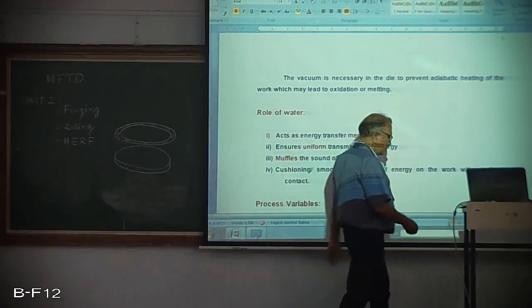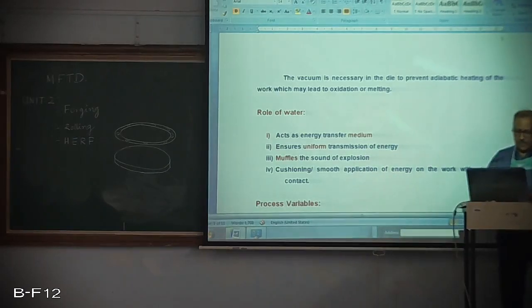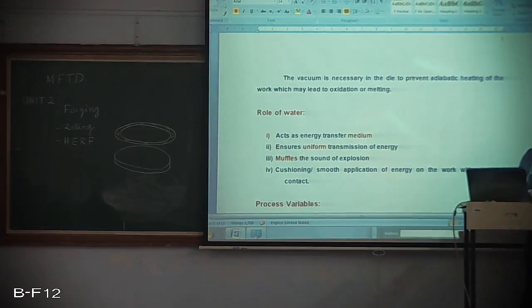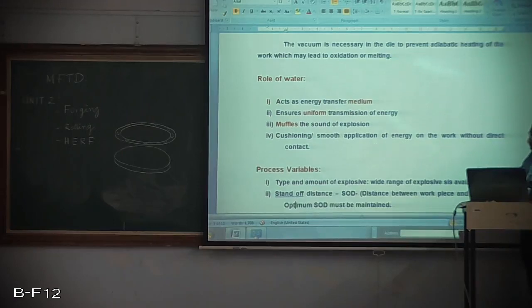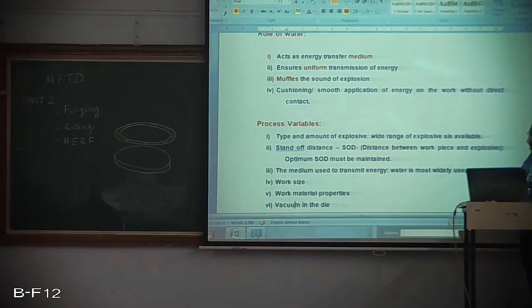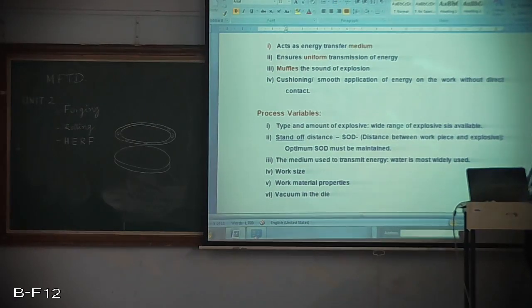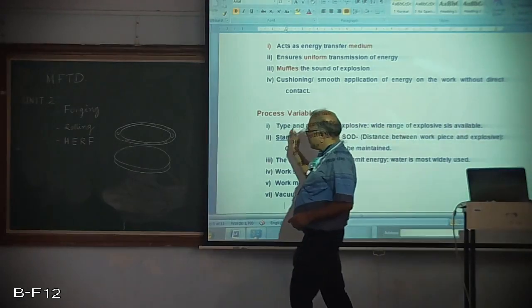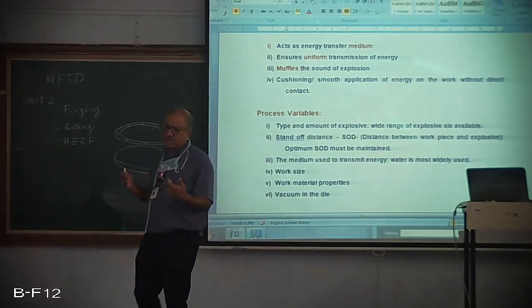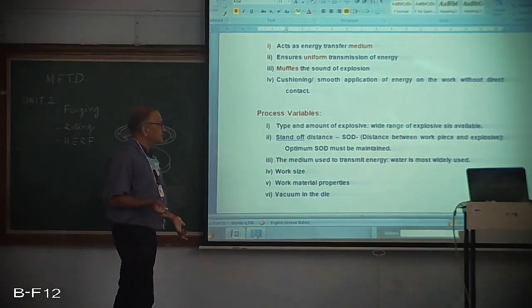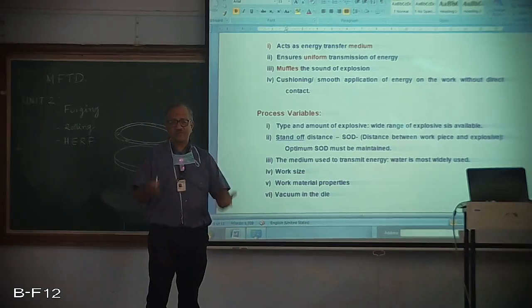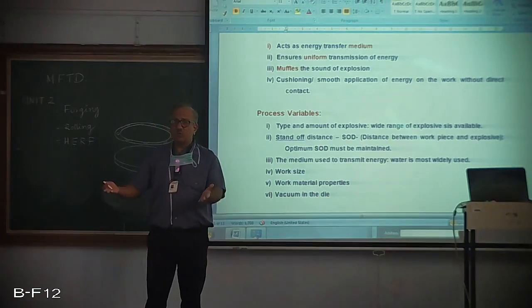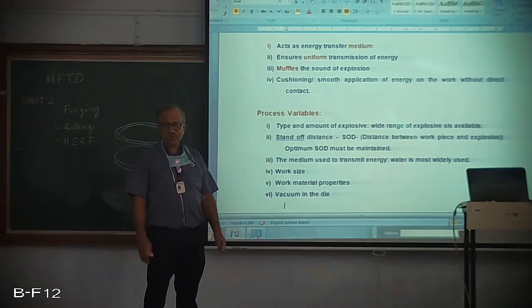Now for this process, which is unconfined or standoff technique type of explosive forming process, the process variables are important to be understood well. The process variables mean here that these factors will decide the technical aspects of the process, or how to go about in applying explosive forming.